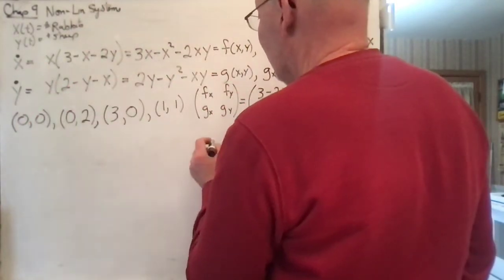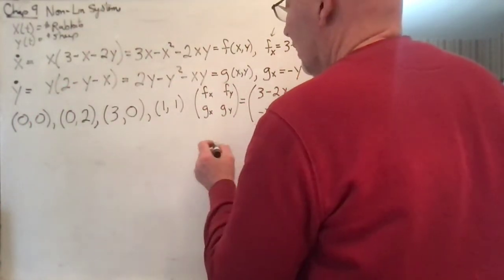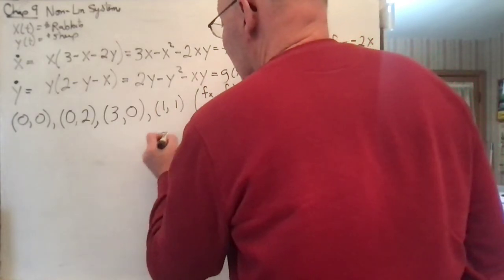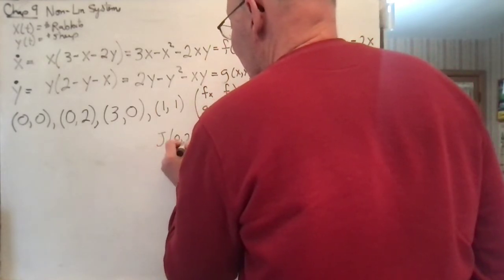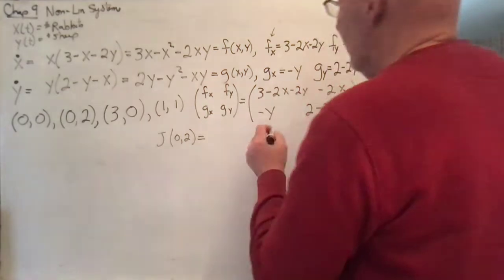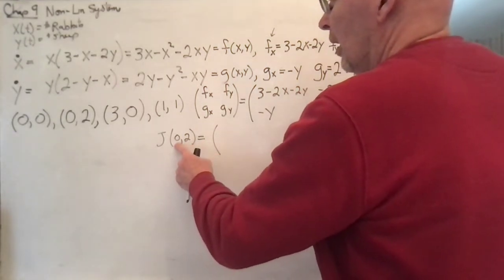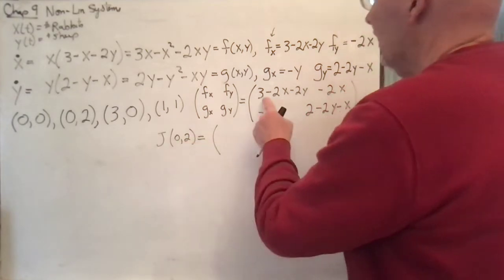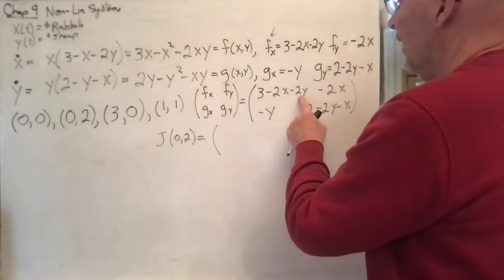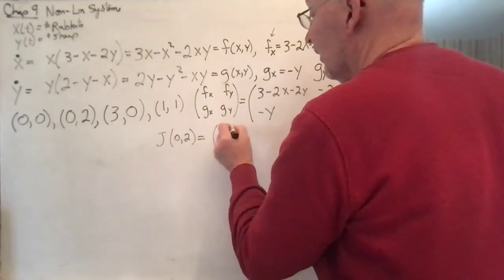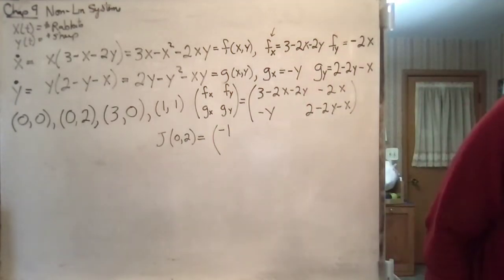And so the Jacobian evaluated at the point 0,2 is going to be, stick in a 0 for x and a 2 for y, and you're going to get 3 minus 4, which is a negative 1. It's awfully easy to make mistakes here.